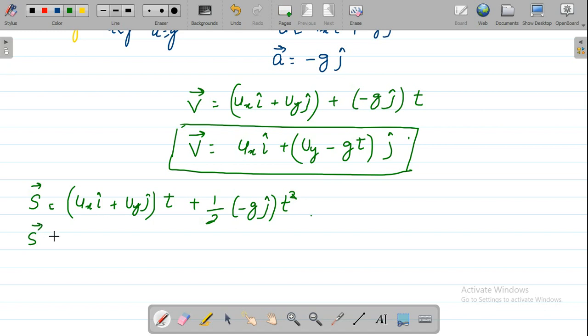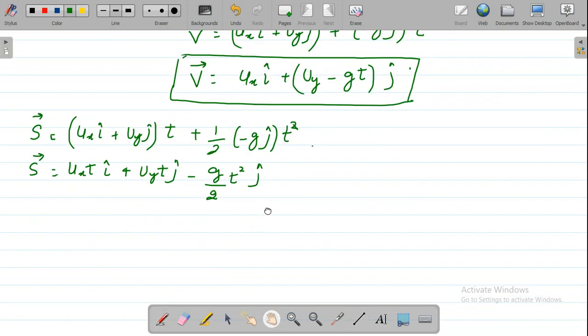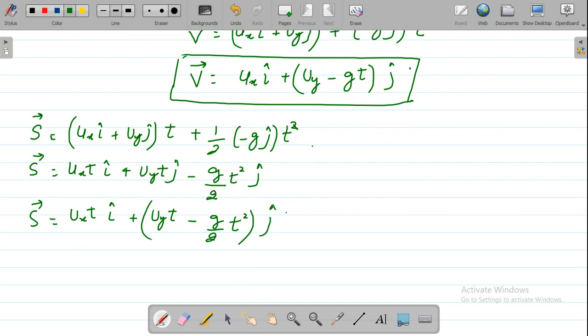So we can write s as uxt i cap plus uyt j cap plus minus g by 2 t square j cap. Further solving this, s is equal to uxt i cap plus (uyt minus g by 2 t square) j cap. This is the displacement after time t.